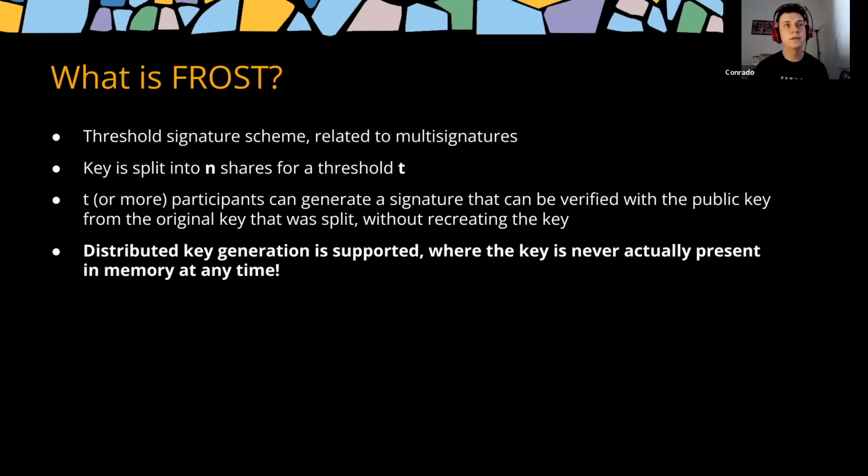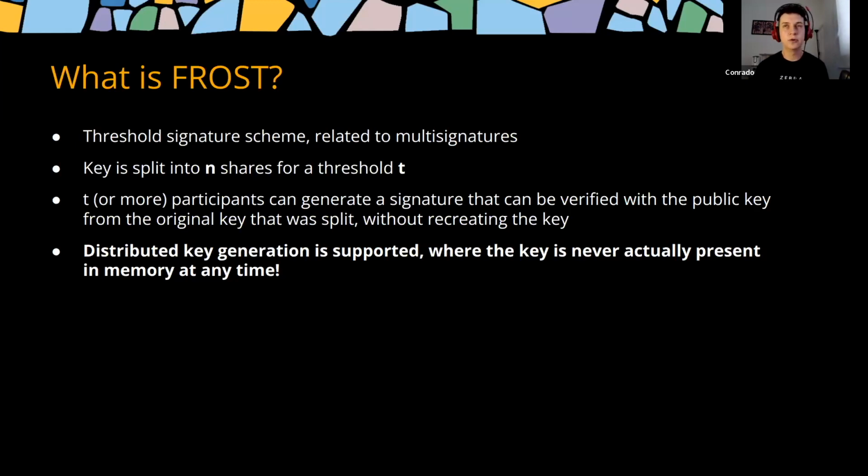Another main thing is that you don't need to create a key and then split it into shares. You can actually create the key already in split form. This is called distributed key generation. And this is great because at no point in the key creation process is the key present in memory.